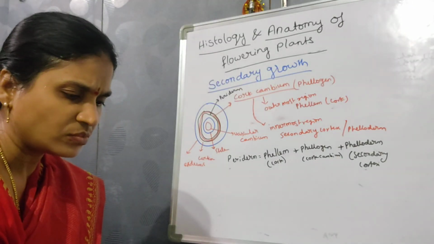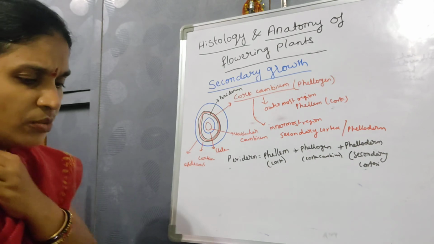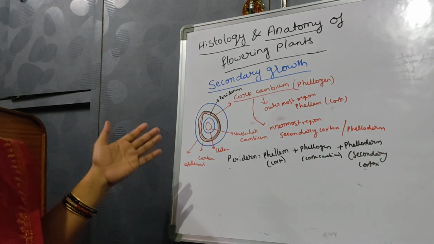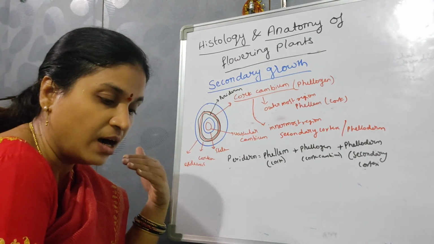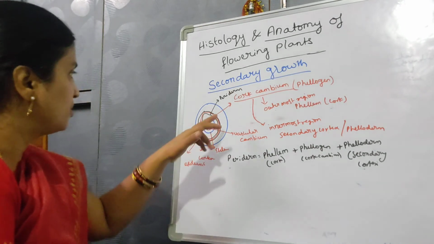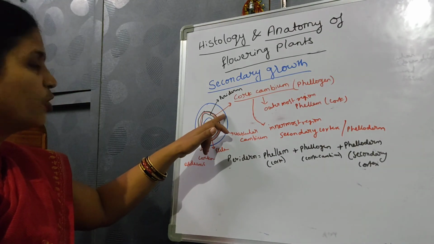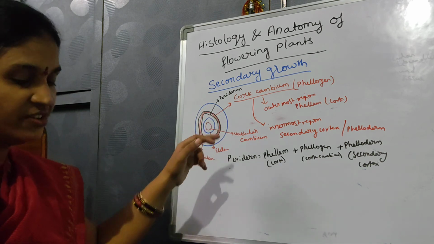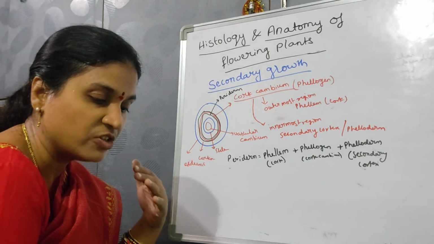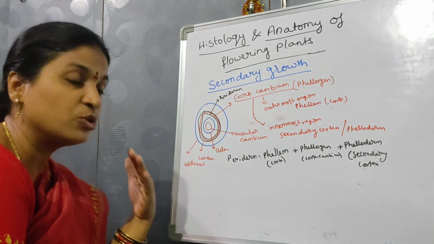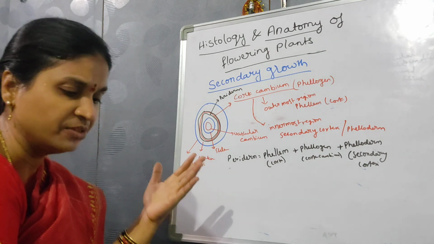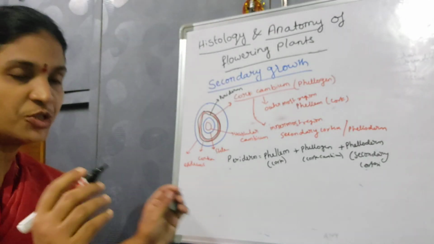Then due to the activity of this particular cork cambium, it builds up the pressure onto the outermost region, peripheral region. Because of the pressure build up, the region peripheral to the phellogen is going to break off and dead tissues are formed.